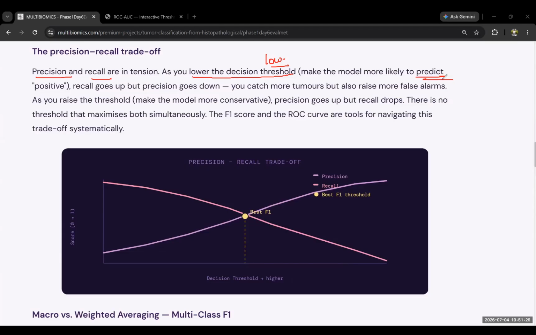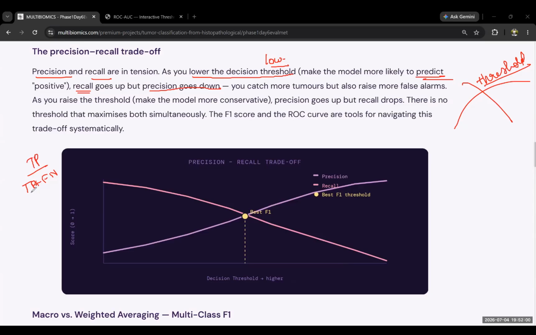This is also malignant, this is also tumor, it will tell like that. At lower threshold, your recall will go up. Recall is true positive by true positive plus false negative, the second one. It will go up, but precision will go down at that time. So when it is going up and when it is going down totally depends on your threshold limit.